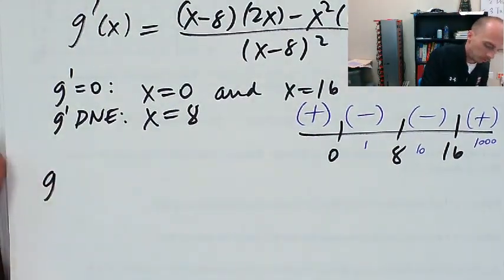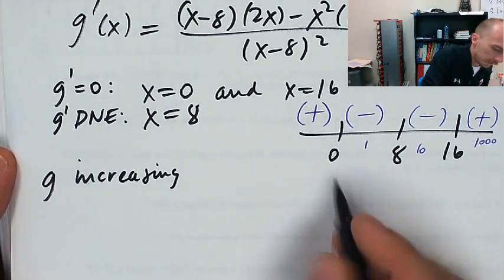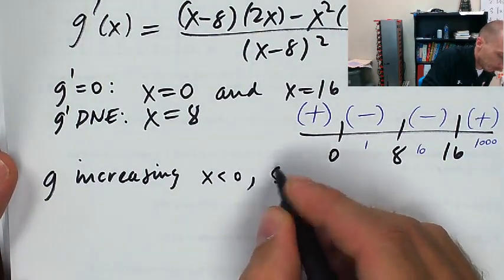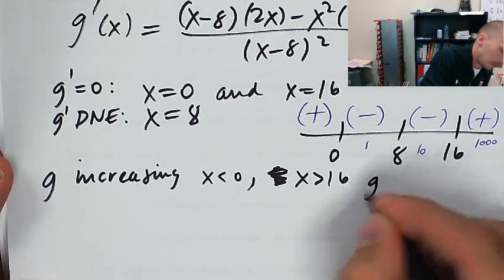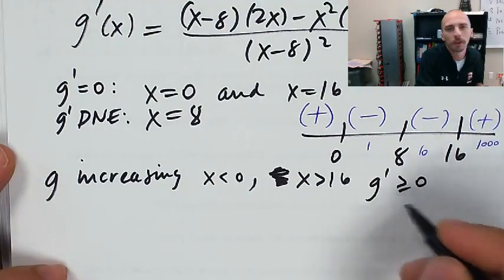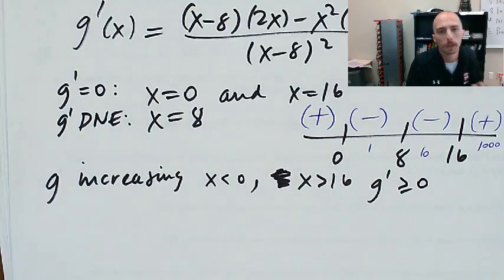I'm going to say g is increasing for x less than 0 and x greater than 16 because g prime is greater than or maybe equals 0 or undefined. If you just say g prime is positive, they aren't going to mess with you on that 8 right here where g prime is undefined.